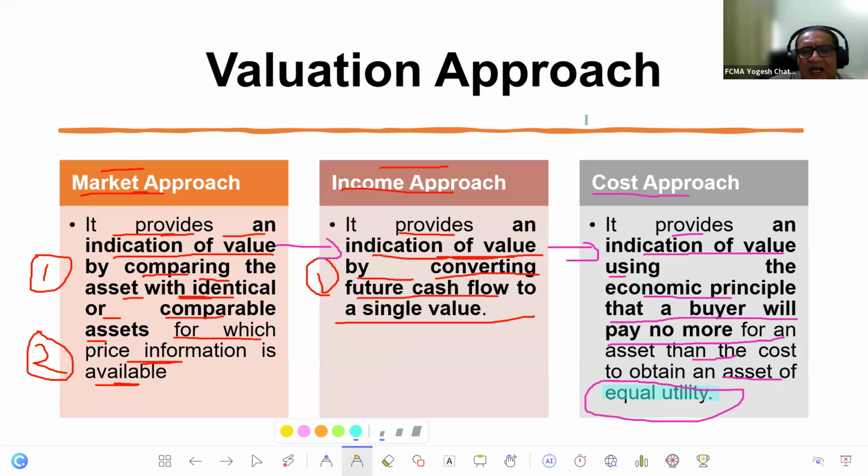I cannot estimate the value of a 5 year old motor car by comparing it with the value of a new motor car. That is how we derive the replacement value or reproduction value under the cost approach.